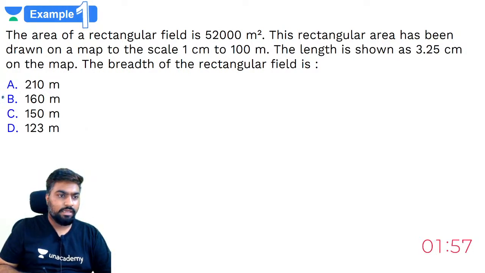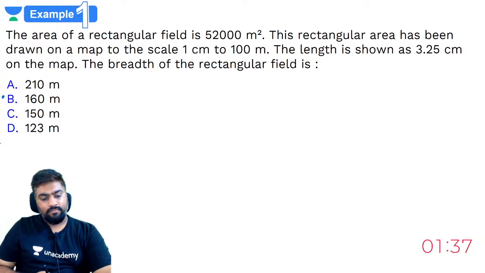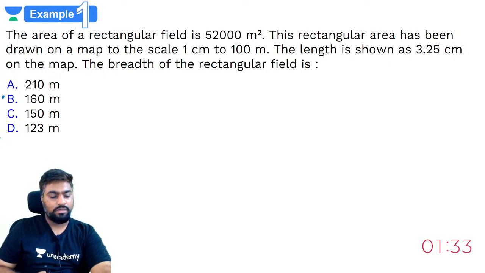नलिन बोल रहे हैं बी है 160 मीटर्स. Others? Read it carefully, okay? Shreyashi says B. Beautiful. Others?